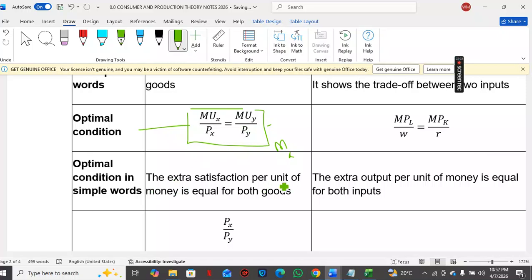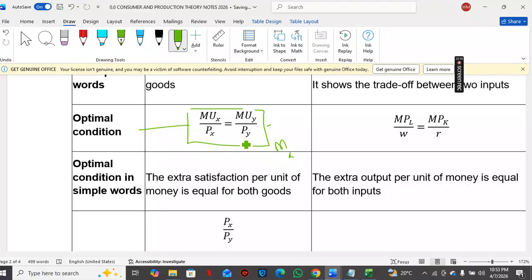It's basically saying the extra satisfaction per unit of money is equal for both goods. Here you are measuring extra satisfaction in terms of the money that you are paying. Basically you want to get the most satisfaction out of your money. So when the extra satisfaction per unit of money is equal for both goods, good Y and good X, that's where you maximize utility.